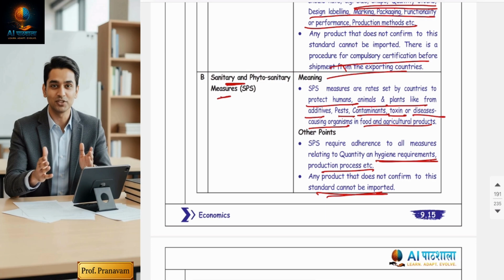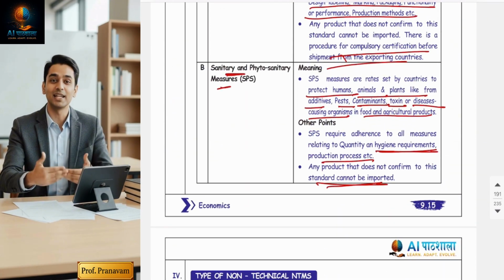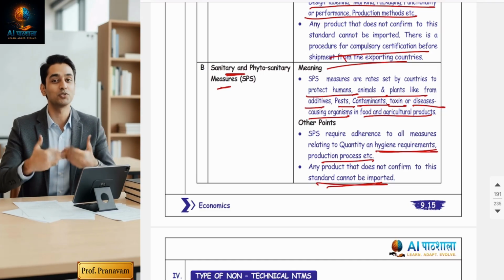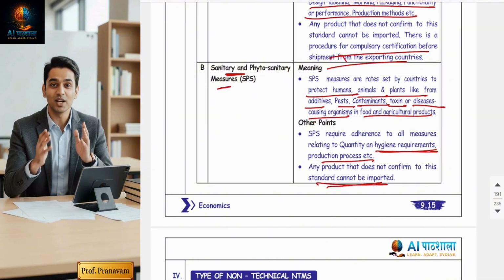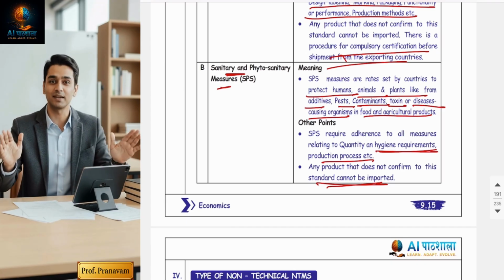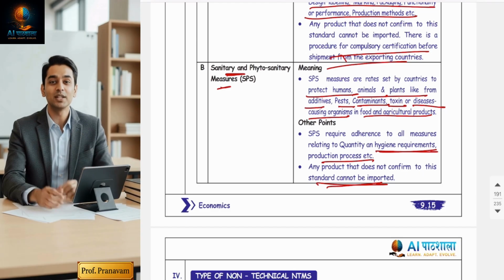Government is very strict about this. The purpose is very clear, guys: public health protection, plant and animal safety. High safety standards make imports slower and costlier. So when the government wants to restrict imports, it will always increase the level of its SPS standards. It will increase the cost for the exporting country and the import will be restricted.